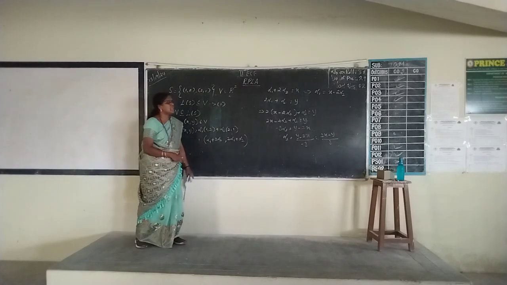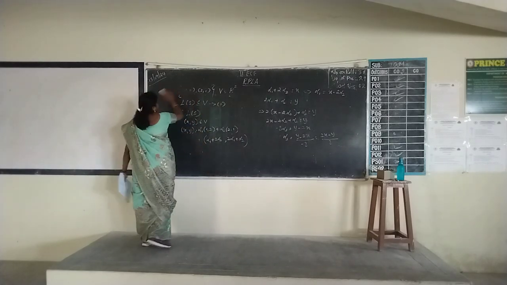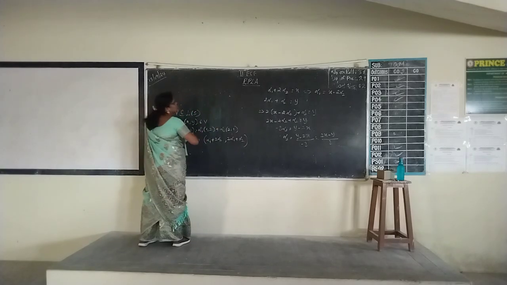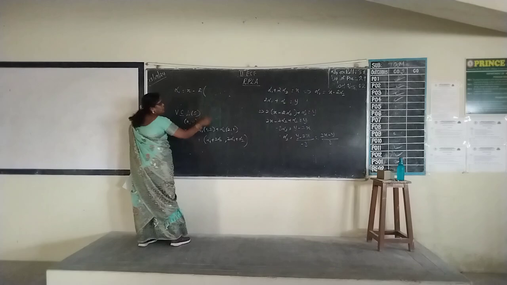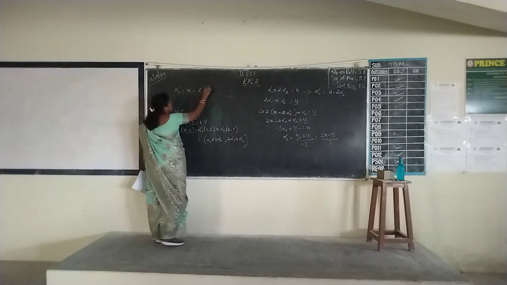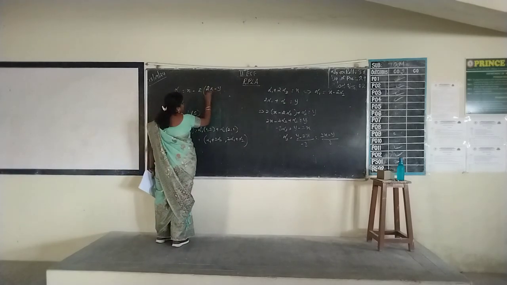Now try to find alpha 1. So alpha 1 is equal to x minus 2 into alpha 2. Alpha 2 is 2x minus y by 3.